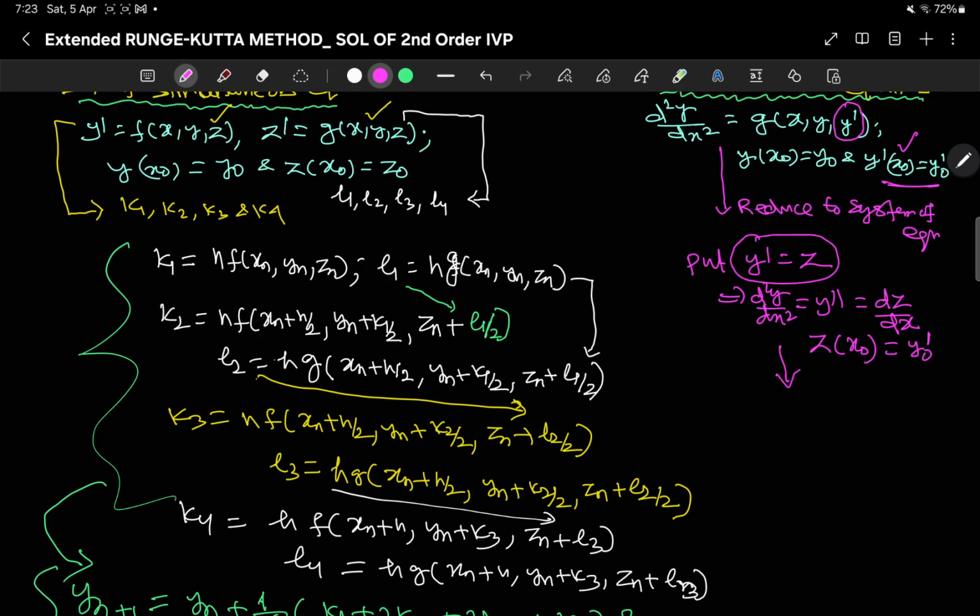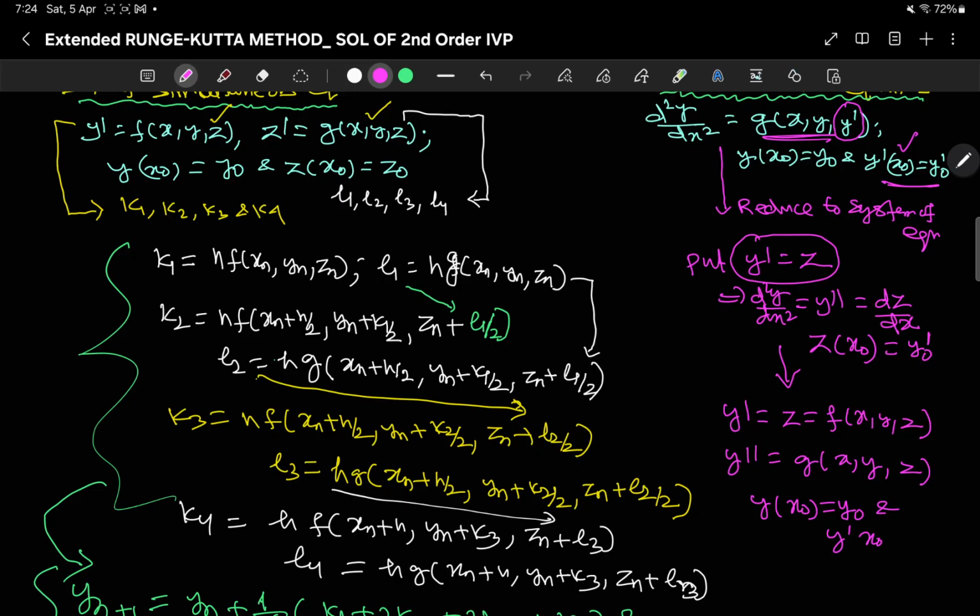One equation is y dash is equal to z, that is f of x, y, z, and another equation is z dash, which becomes y double dash is equal to g of x, y and z, with initial conditions y of x0 is equal to y0 and y dash of x0, that is z of x0, is equal to y dash 0.